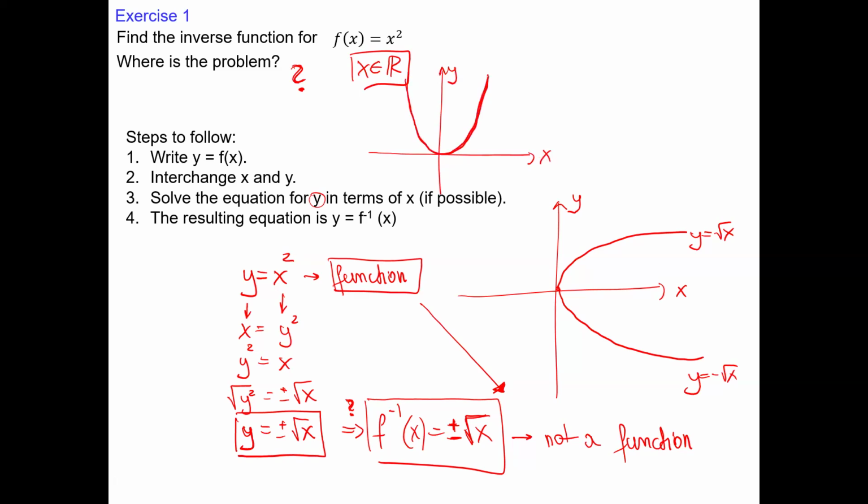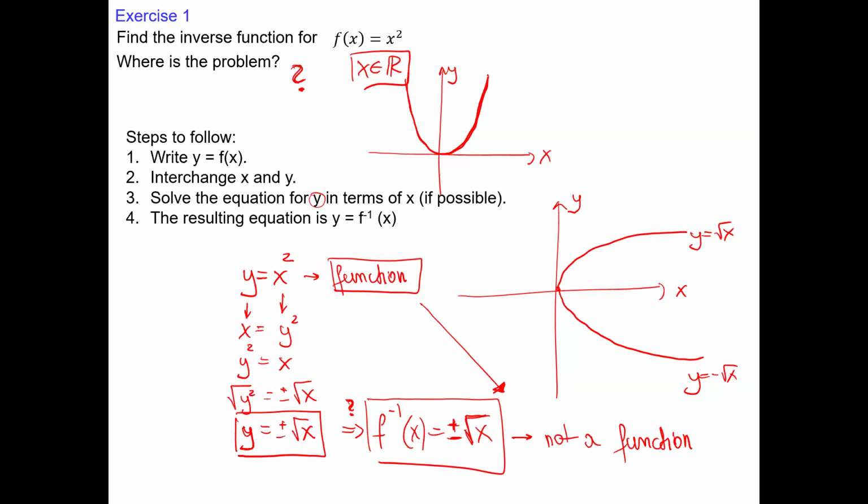We can see this is an inverse, we inverted it, but we didn't get a function. So for now, we can say that the function x squared with the domain being all of the real numbers doesn't have an inverse. And what is the problem? Which function will have an inverse and which function will not have an inverse?